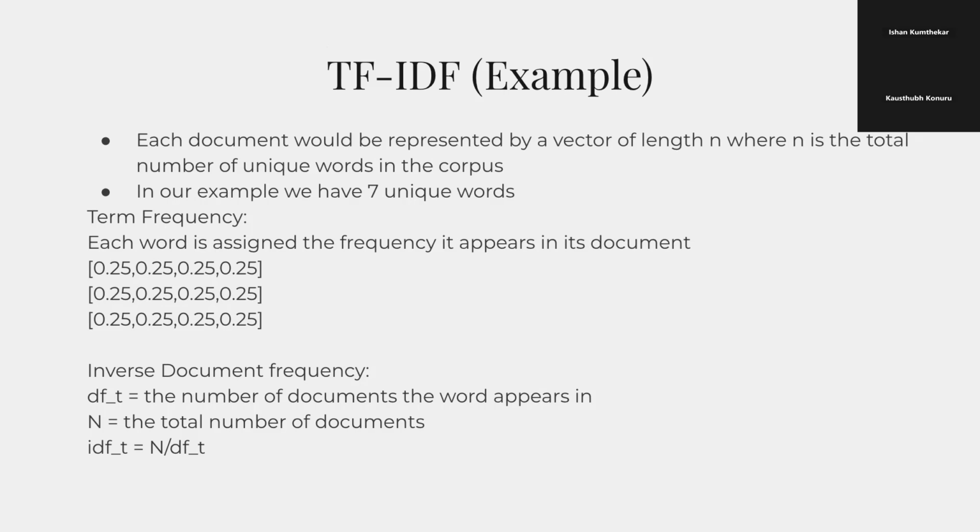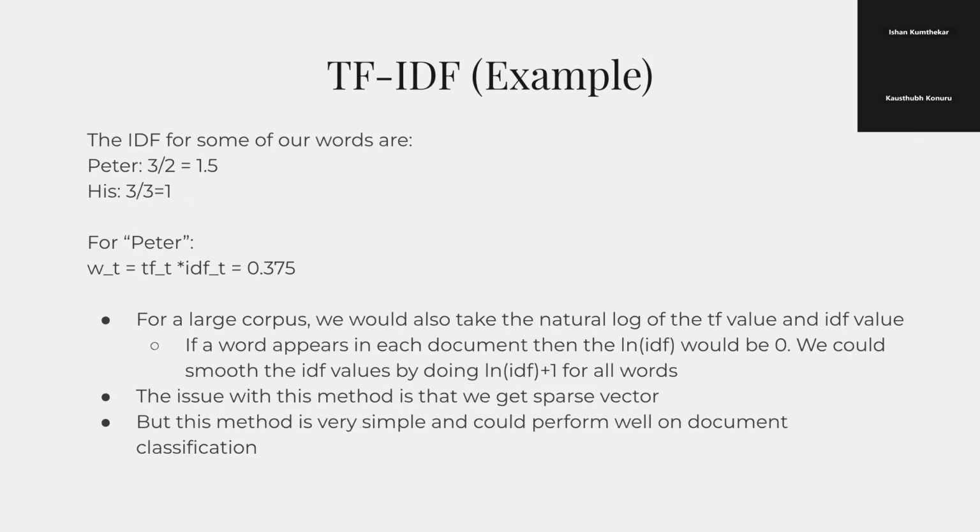So we count the number of documents the word appears in, then we take the total number of documents, and then we compute the IDF value, which is the total number of documents divided by the number of documents the word appears in. And so this can inverse the frequency that the word appears in each document.